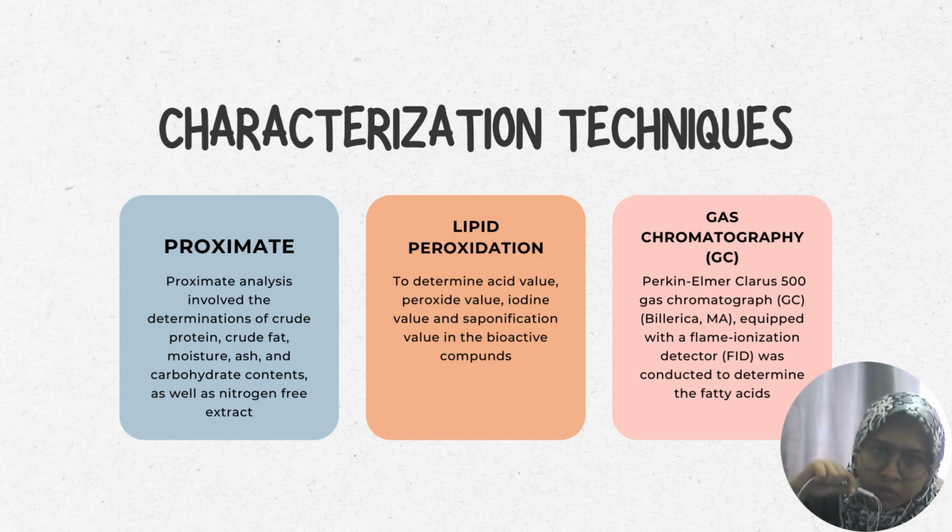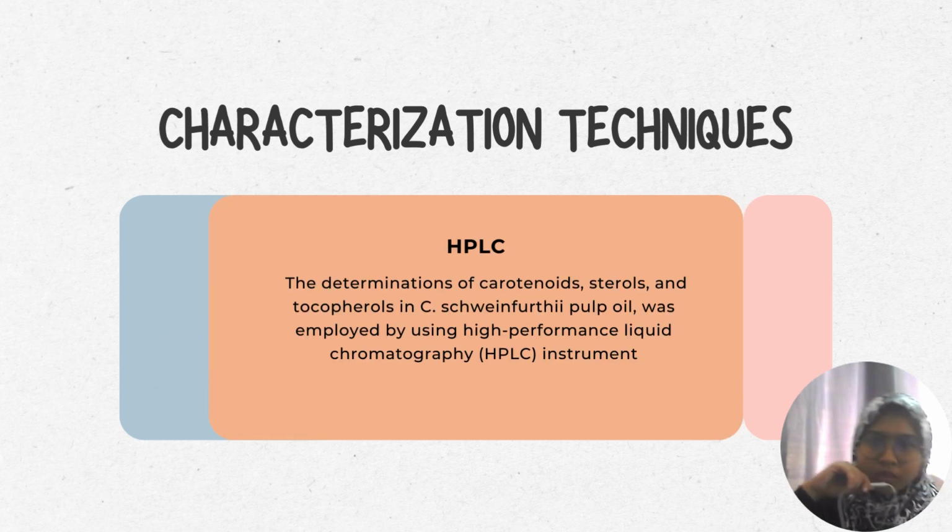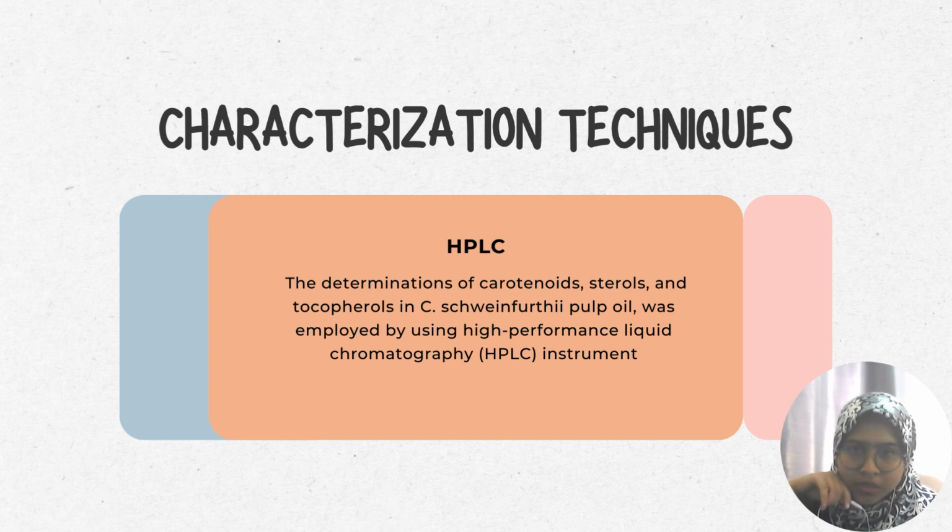Third, gas chromatography (GC) analysis. A Perkin-Elmer Clarus 500 gas chromatograph equipped with a flame ionization detector was used to determine the fatty acids. And the last characterization technique used in this Canarium schweinfurthii pulp oil extraction is high performance liquid chromatography (HPLC).